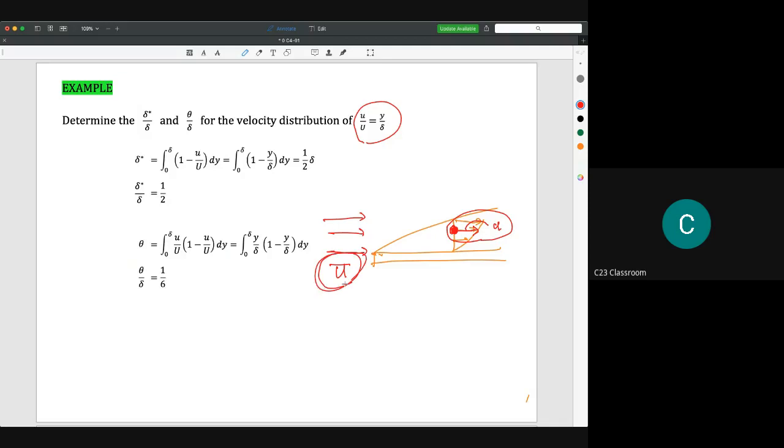So if u is equal to capital U, the ratio will be equal to 1, which means it has already reached the boundary of the layer. I hope you could understand the meaning of u over U here.